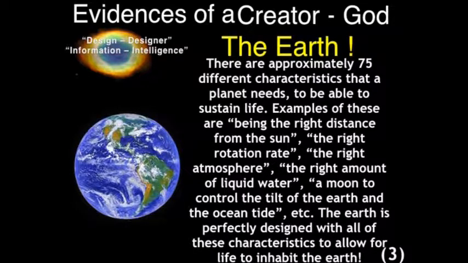Over 75 different things that have to be perfectly in place. And yet the Earth, though some want to say it's just one of many planets probably out there somewhere where life exists, the reality is what we find is the Earth is a very unique place, designed, as God said in Isaiah 45:18, as a place that he created and designed not to be a waste place, but to be inhabited.